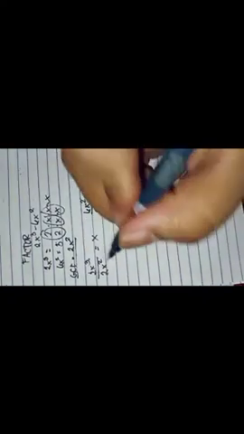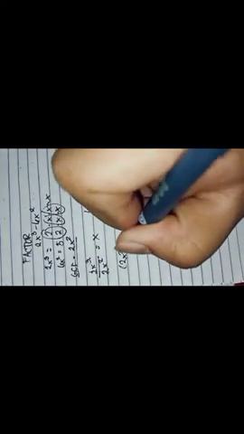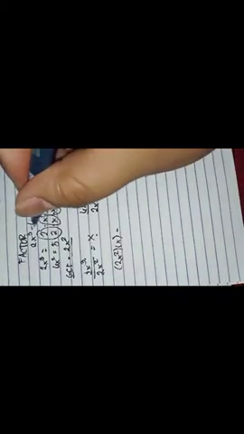And then the last step is factor out the GCF. Write 2x squared, times x, which is this, and minus the same operation as this one, 2x squared multiplied by this one.